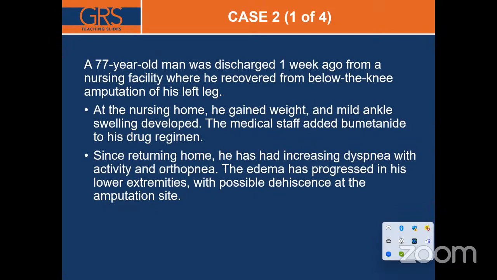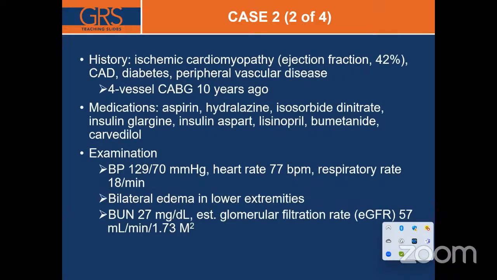He's a 77-year-old man, discharged recently from a nursing facility with history of below knee amputation. He gained weight. Edema includes both limbs. His history includes ischemic cardiomyopathy, ejection fraction 42. He also underwent graft for his coronary arteries.